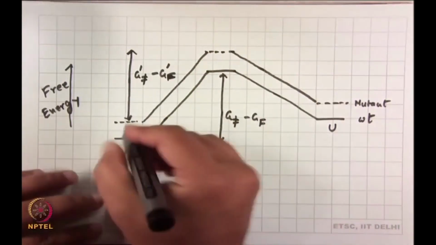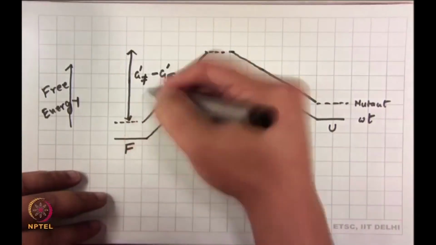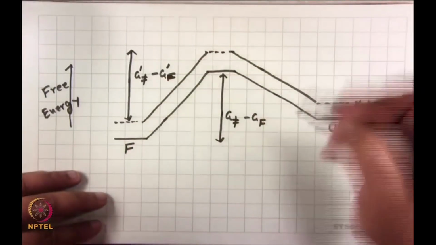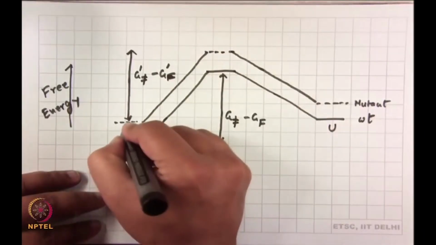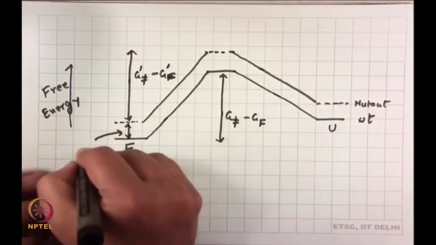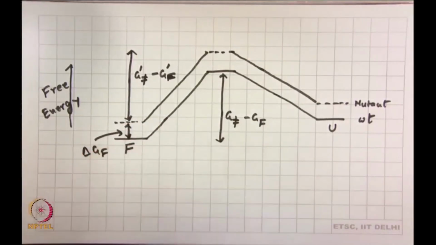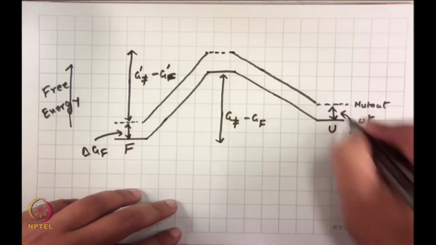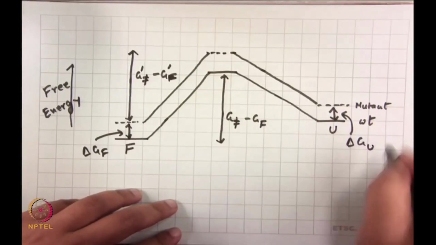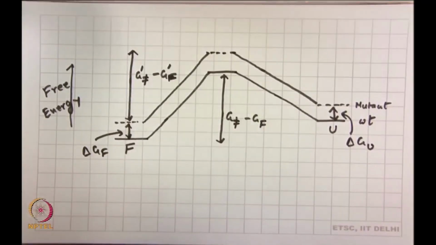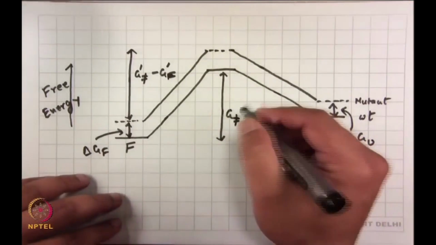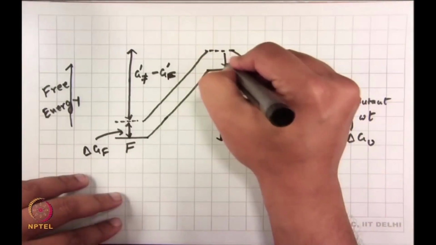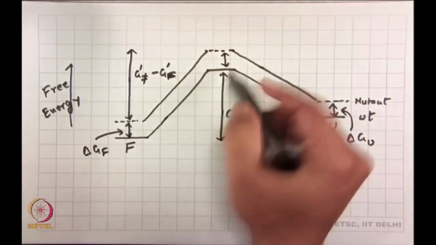Now, because you see the folded state has also moved and the unfolded state has also moved with respect to the wild type for the mutant, this one I can say is delta G F, and this one I can say is delta G U. Can you tell me what this one would be now?